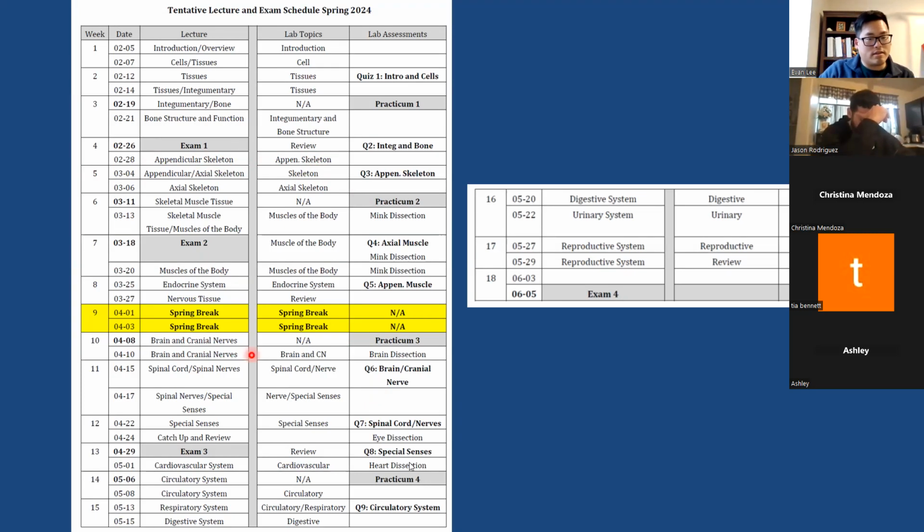So there's a question regarding exam format. And yes, exams are going to be in person. On any given day, we'll take the exam generally at the beginning of class, and then depending on what we're doing that day, we will have a lab or a review for the time afterwards.